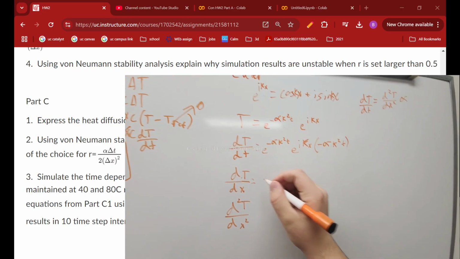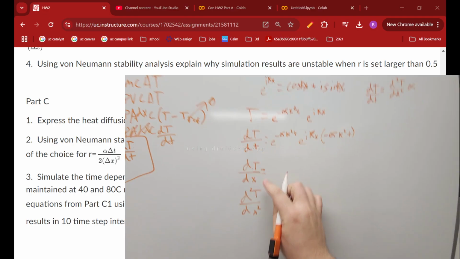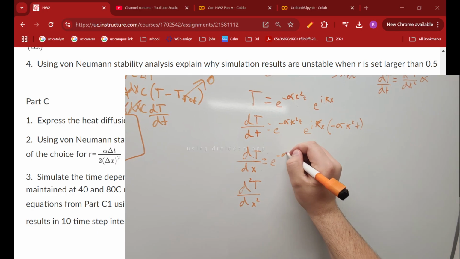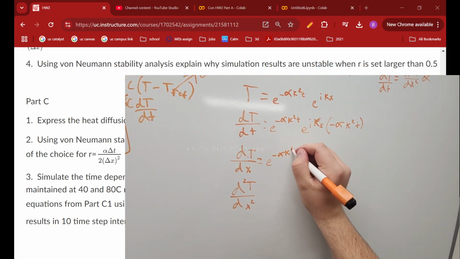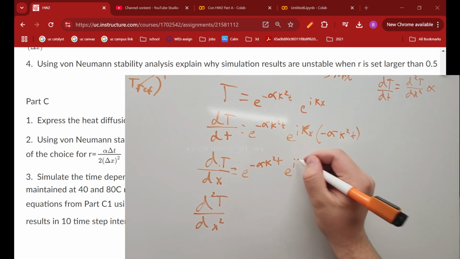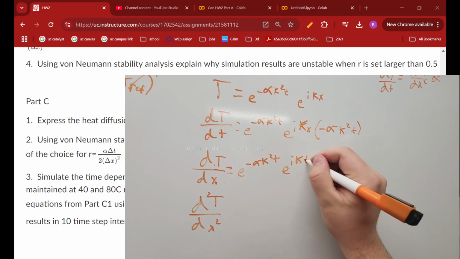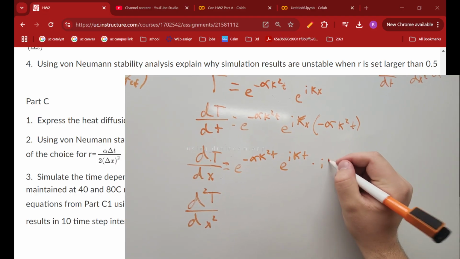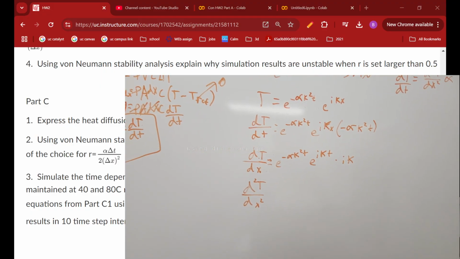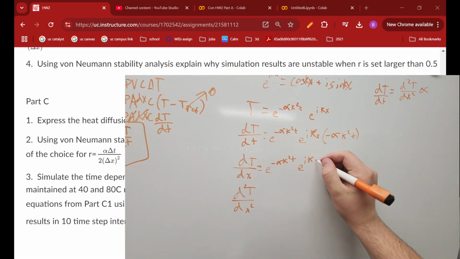And then here, if we do it in terms of x, we have our constant, and then it'll be multiplied by the same times ik. Not t. x.